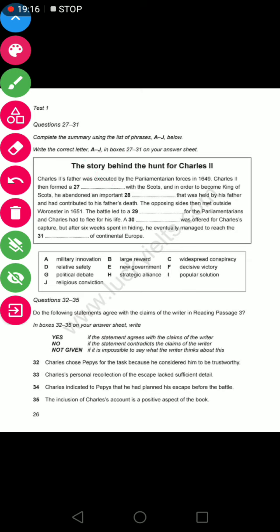So if you put a new government strategic alliance on your answer sheet, then you can lose your marks. So for that you have to take care when you write your answer, and you have to put the letter, because there is an instruction: write the correct letters A to J.